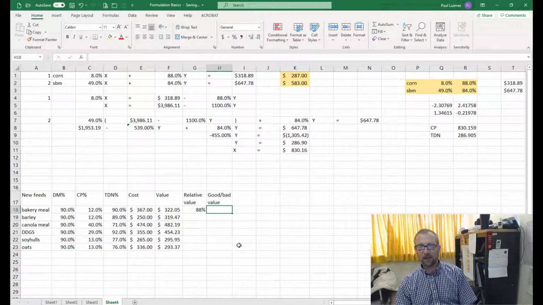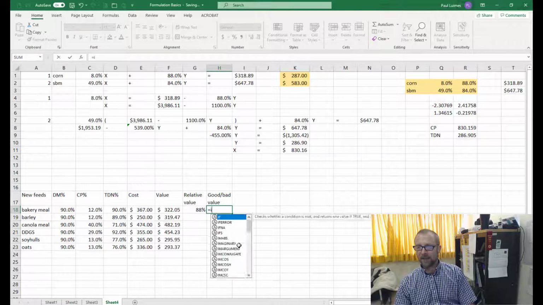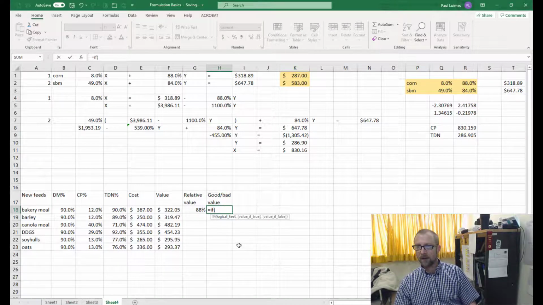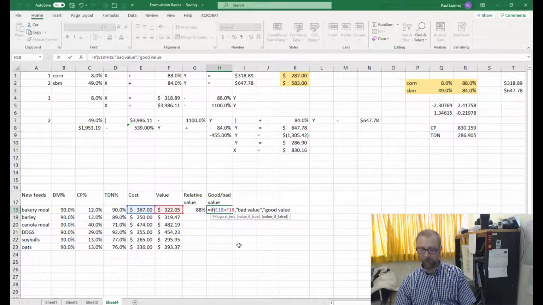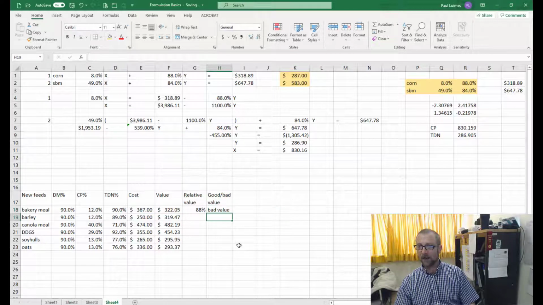What I'm going to do is say, okay, equals if this number is larger than this number, then it's a bad value, end quote. If it's not, then I can put in good value, and then end quote, end bracket, hit enter.